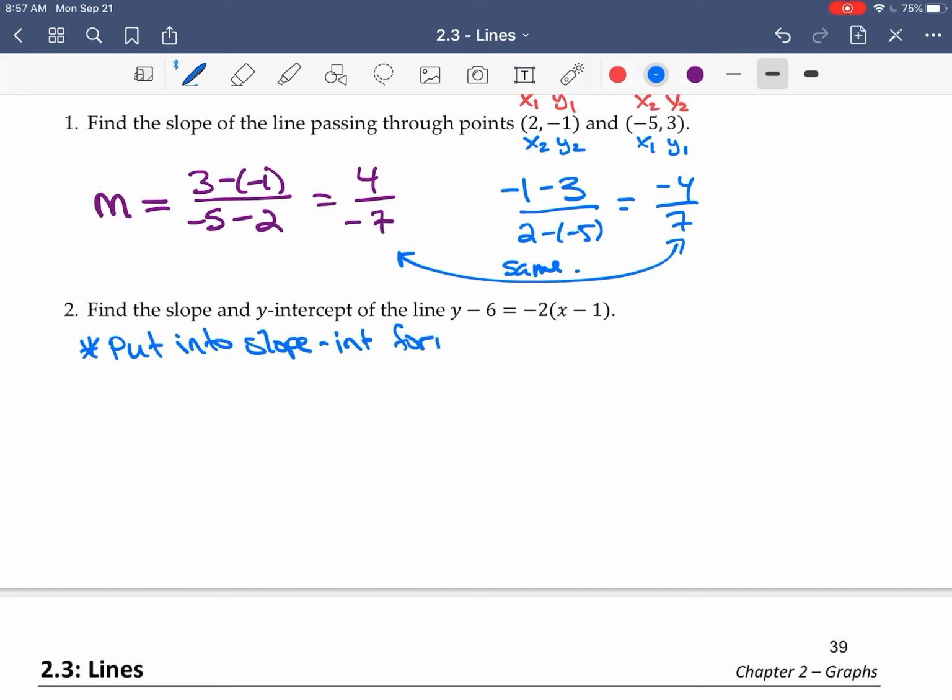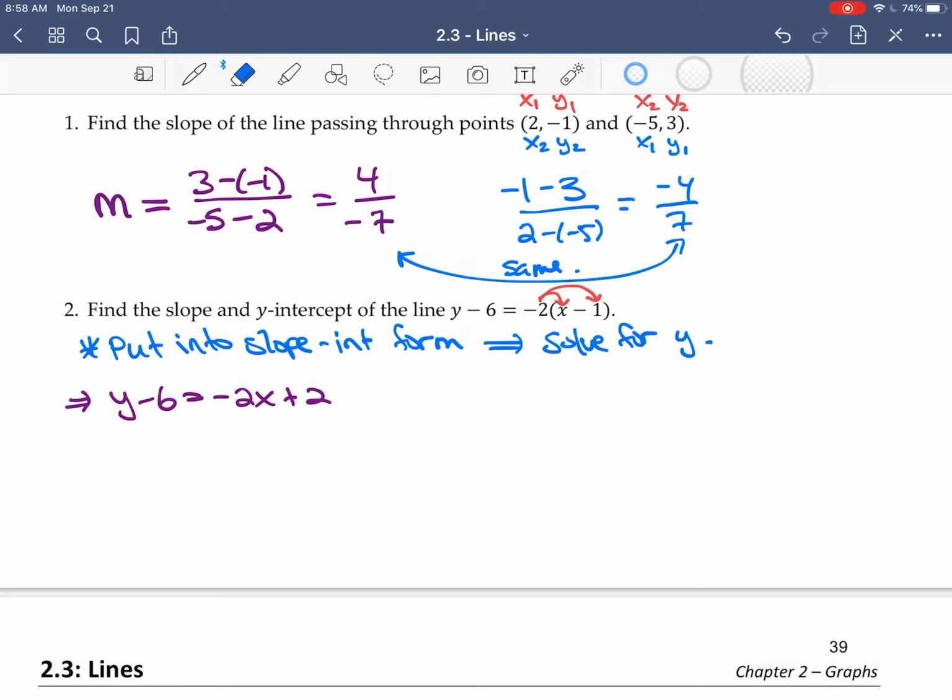So to do that, all we have to do is solve for y. So we just want to rearrange this equation and solve for y. The first thing I can do is expand that -2 through. So I'm going to have y minus 6 is equal to -2x plus 2. And now I can add 6 to both sides so that it moves to the right.